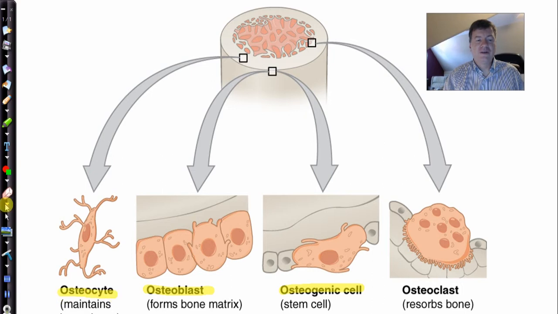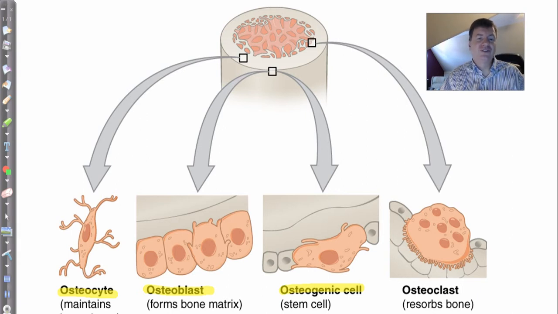Osteocytes are going to be maintaining the matrix. Remember, we mentioned them last time. They live in the lacuna. Where do osteocytes come from? Osteocytes are mature bone cells that used to be osteoblasts. Osteoblasts get in there and start building the matrix around themselves, and eventually they more or less trap themselves in the bony matrix and mature into osteocytes.